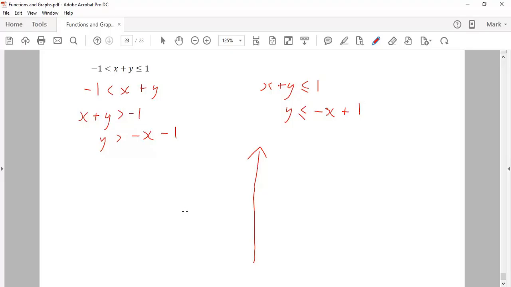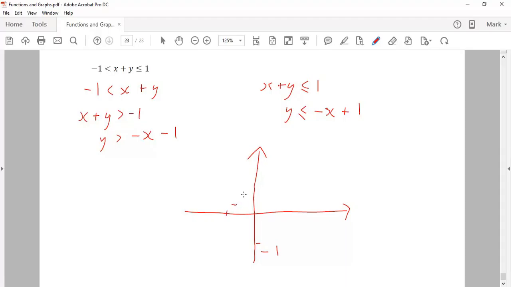So yes, let's just graph the lines first. So negative x minus 1, so it's going to cut down at minus 1. And it's going to have a negative gradient. It's going to cut at, so when y equals 0, x would be negative 1.